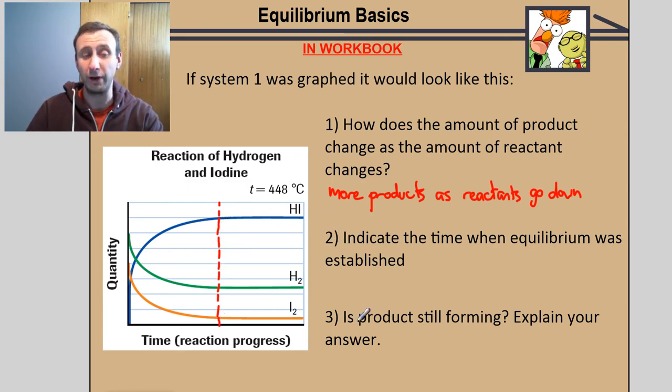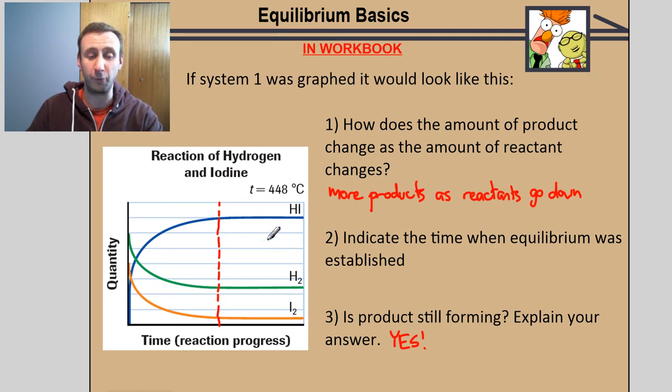So now the next question is, is product still forming? Am I still making HI, right, hydrogen iodide? And that is a big yes. At equilibrium, I'm still making hydrogen iodide, but I'm also making, at the exact same rate, hydrogen and iodine.